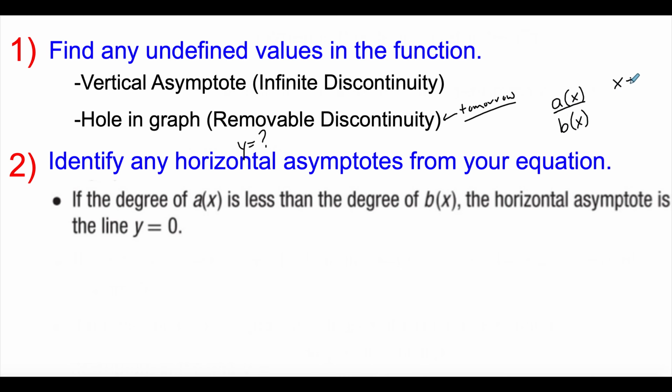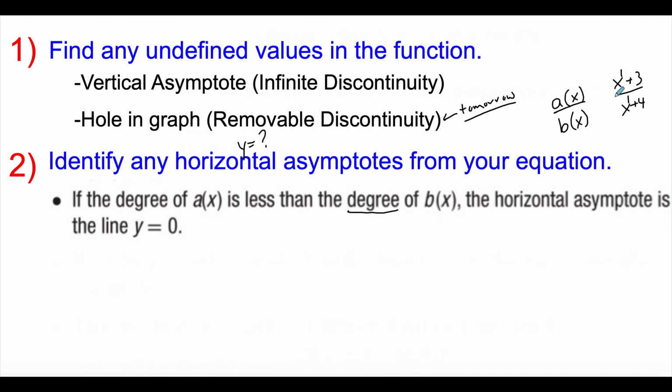So it could be like x plus 3 over x plus 4. This would be a of x, this would be b of x. Okay, and then we have to remember how we get the degree of the function. Okay, the degree comes from the highest value exponent. All right, so we have to look at the exponent. So this one would be a degree of 1. This one would also be a degree of 1.